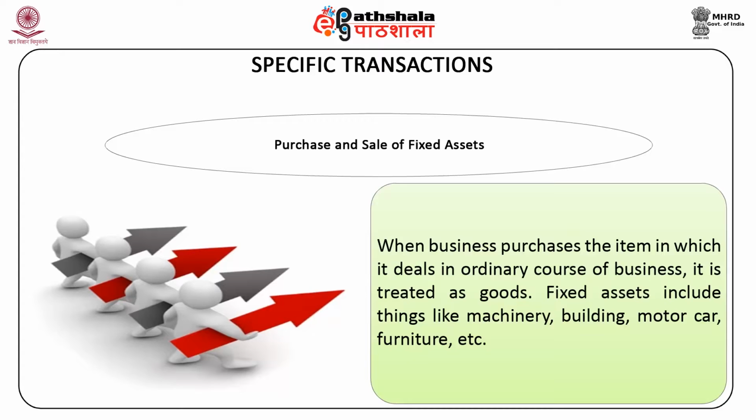It is not debited to purchases account because the business has not purchased it for sale. Similarly, when any fixed asset is sold, it is not credited to sales account, rather the respective asset account is credited.